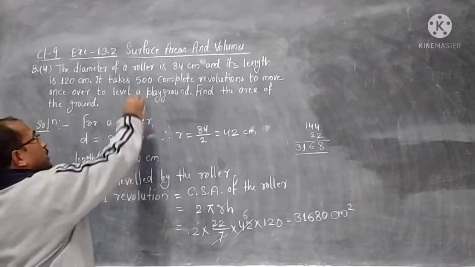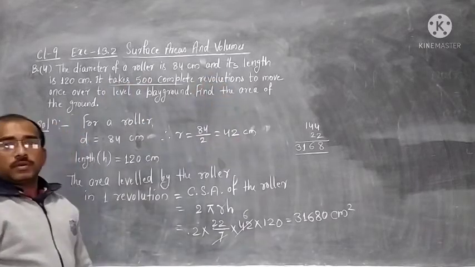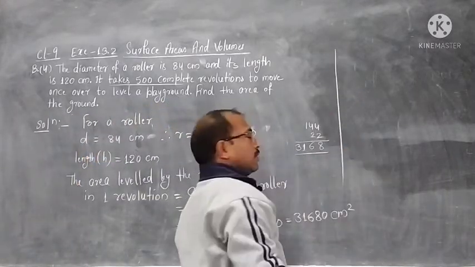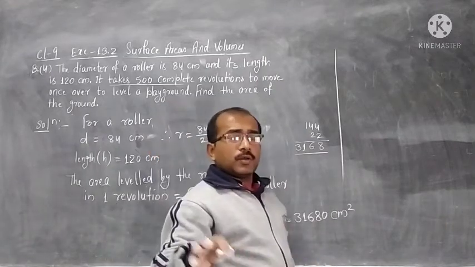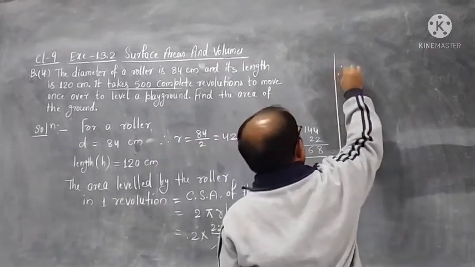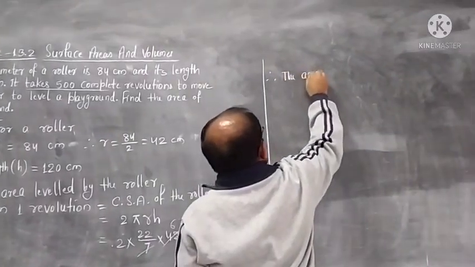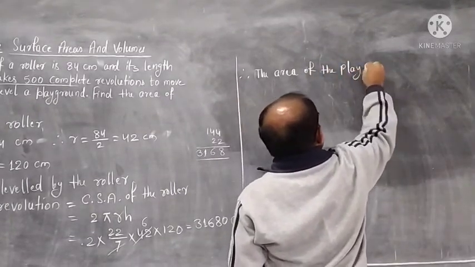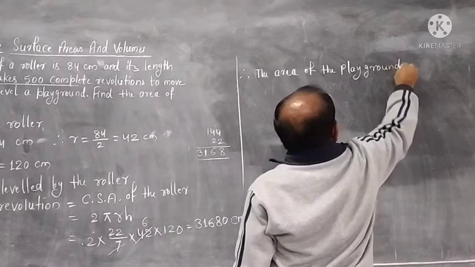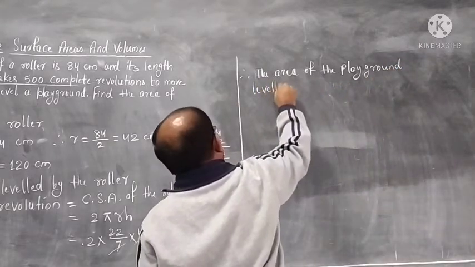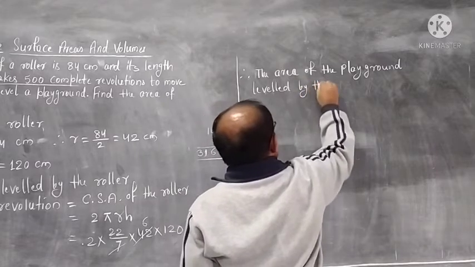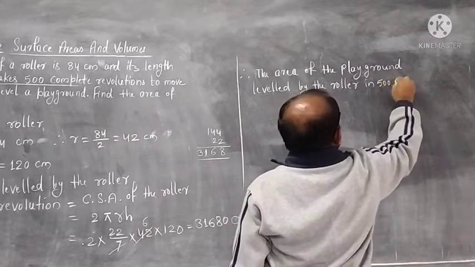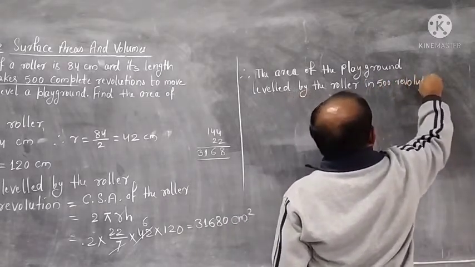The roller is moving how many times? It takes 500 complete revolutions. Then only the ground was leveled completely. So, the area of the playground is the area leveled by the roller in 500 revolutions.